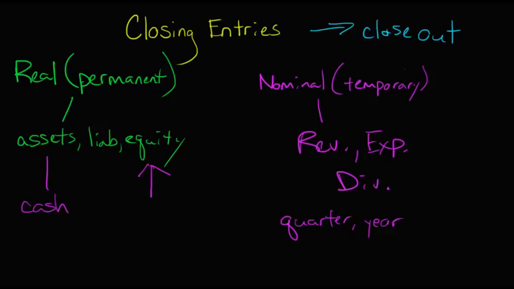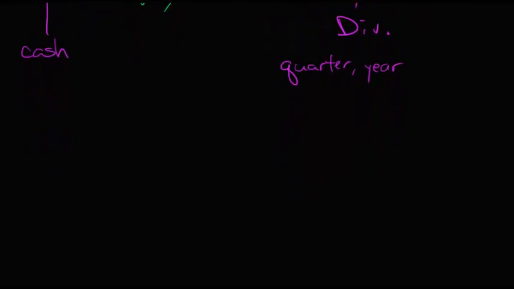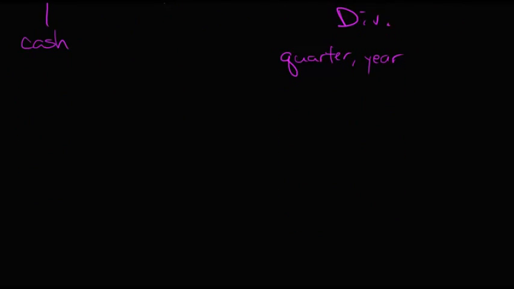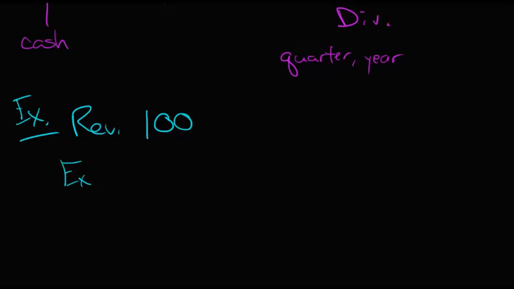Right? Now, let me try and explain it in terms of actually showing you some entries, and it might make it easier to understand. So, let's say that for this given period, in our example, we'll say that for the year or the quarter, whatever, revenue was 100, expenses were 40, and then dividends were 15.